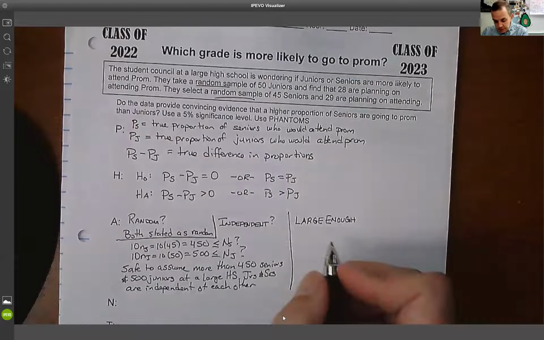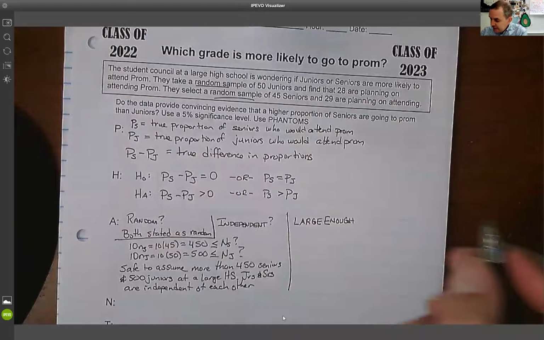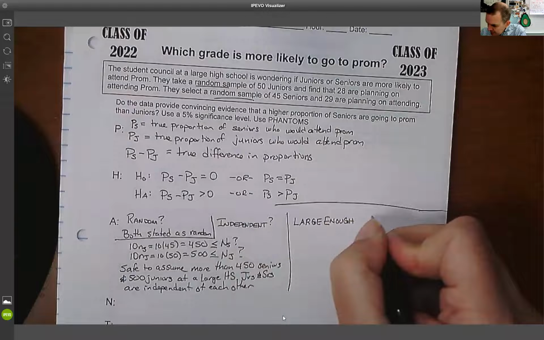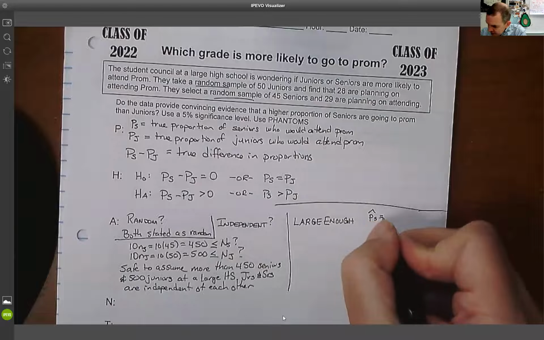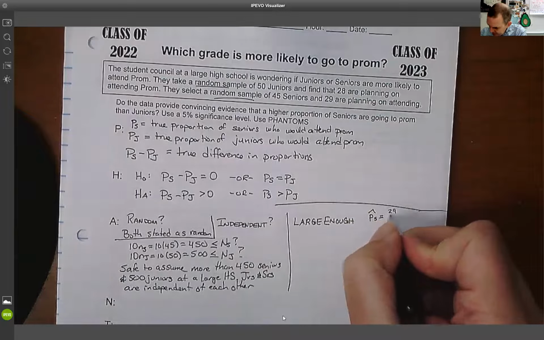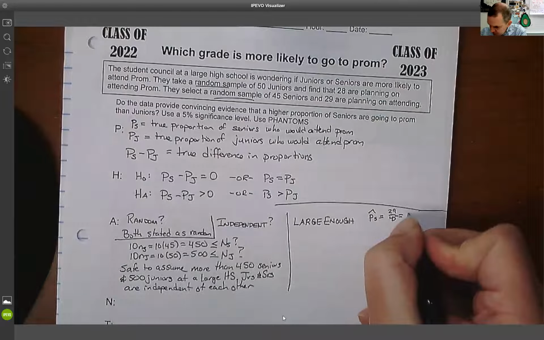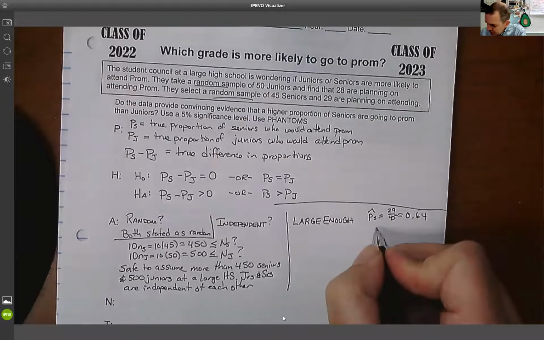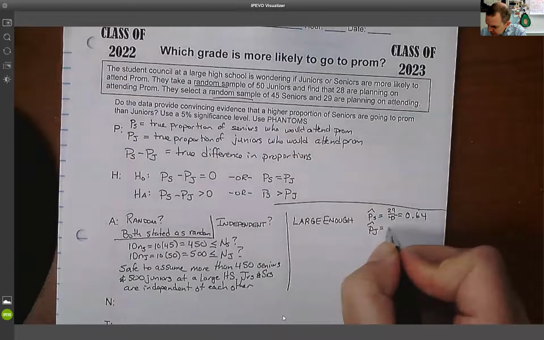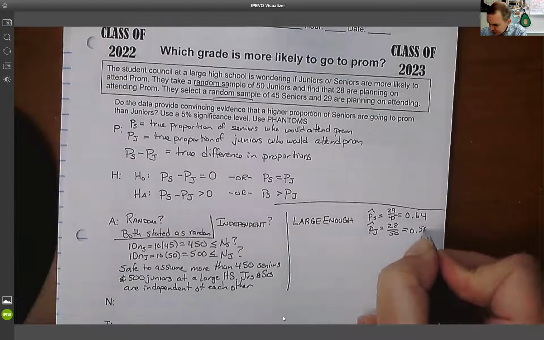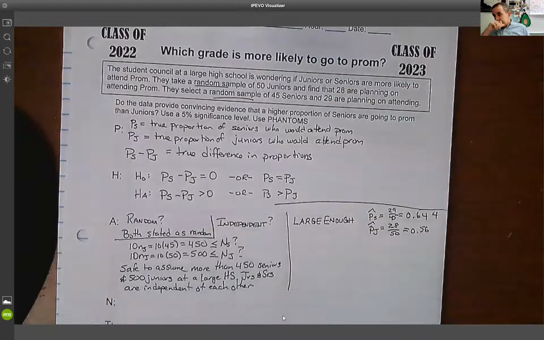So what I do know is the fact that in this case, p hat seniors is going to be 29 out of 45, which is 0.64. I know that p hat juniors is 28 out of 50. I know that that's going to be 0.56.